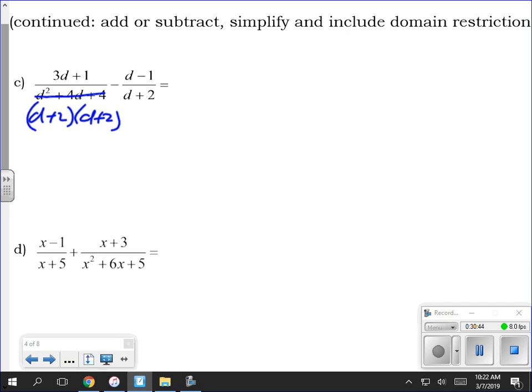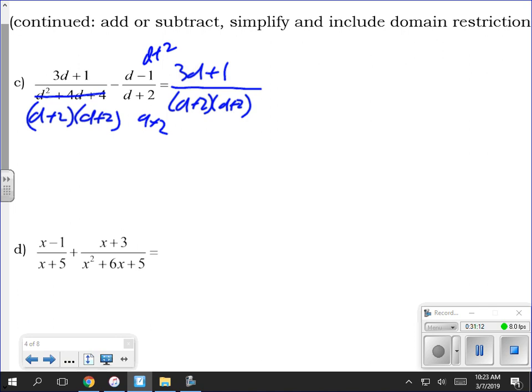So anything that's in the second denominator, not in the first? No. So the first fraction does not change. So I get 3D plus 1 over D plus 2, D plus 2. I'm going to go ahead and leave it as D plus 2 for the moment. And then what's in the first one that's not in the second? A D plus 2. So I have to multiply by D plus 2 and D plus 2.